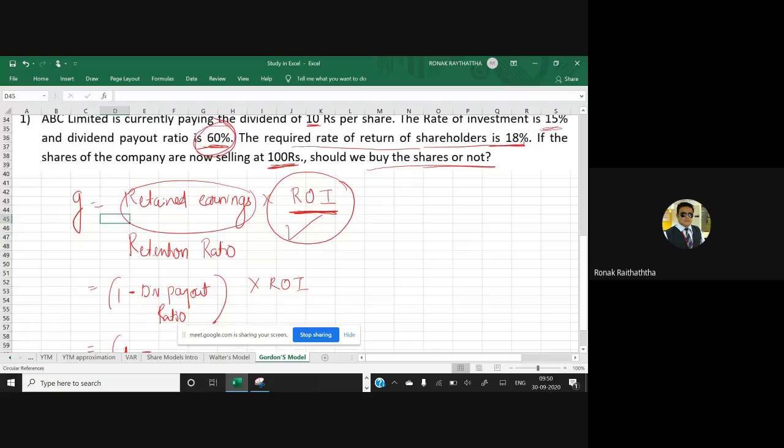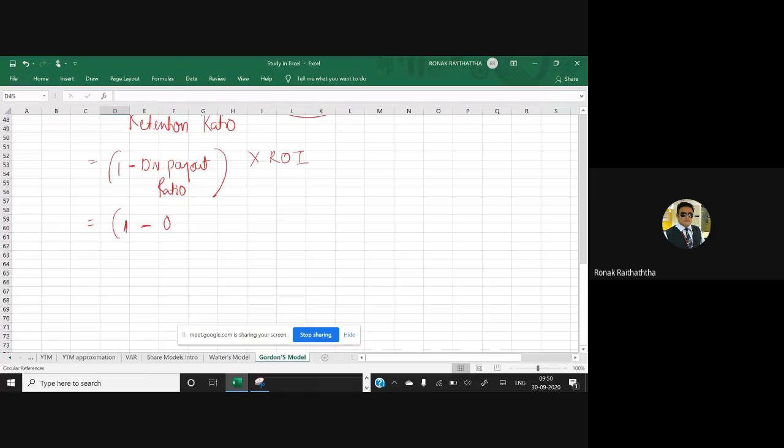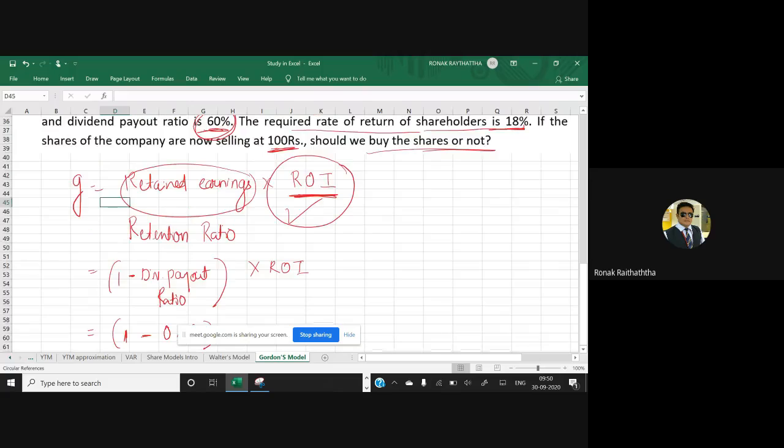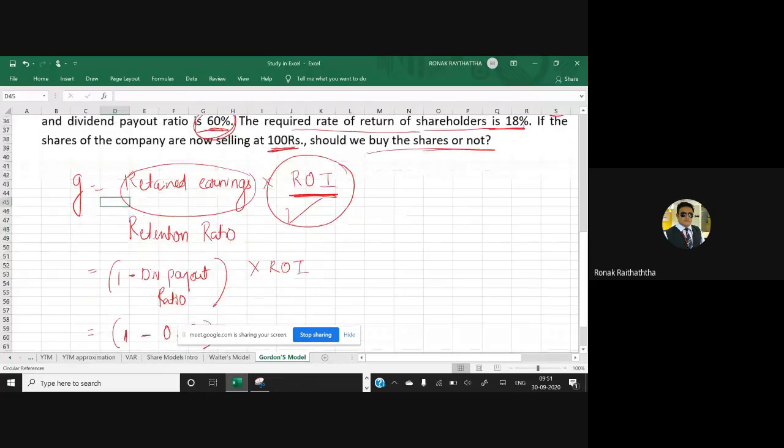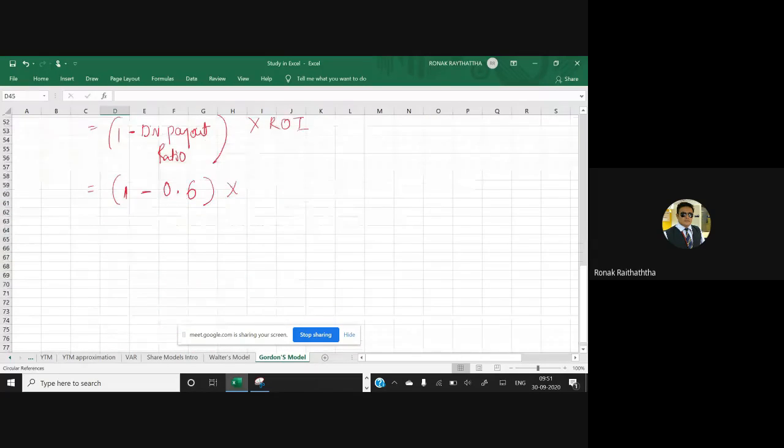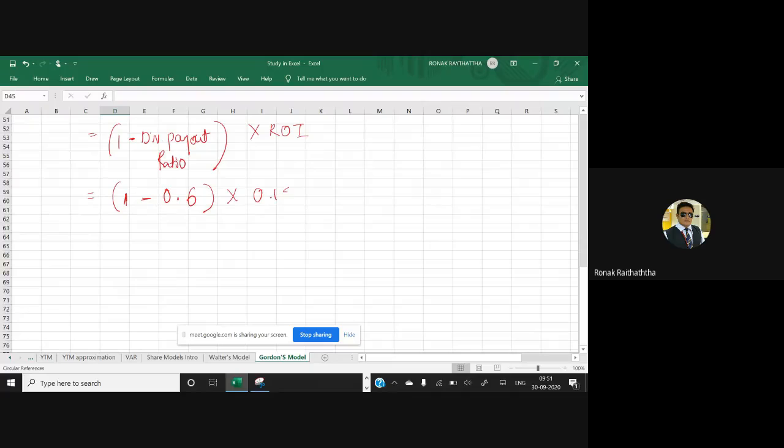So we may write it as 0.6. ROI stands for rate of return on investment, that is 15% here, given in the second information. So I'm writing 0.15. So there has to be 0.4 multiplied by 0.15.